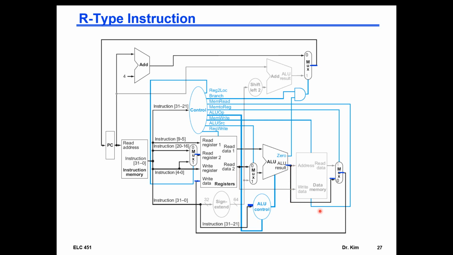And the result is connected to this input of this MUX, which the main controller, by decoding the instruction, set such that this is the input that goes through. And now we get the result of the instruction back over here in the write data port of the register.